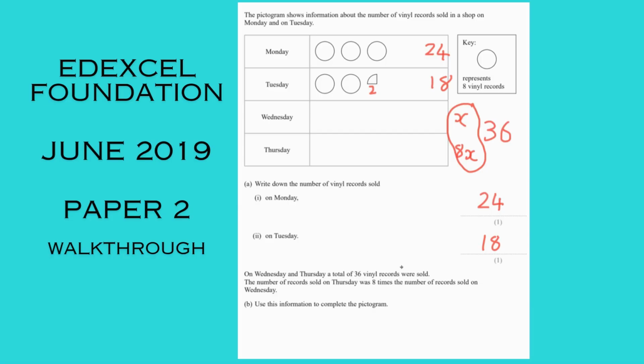Each share is worth 4. So there should be 4 for Wednesday and the rest for Thursday. So on your diagram, half a circle for Wednesday and 4 reasonably decent circles on your Thursday to get all the marks.